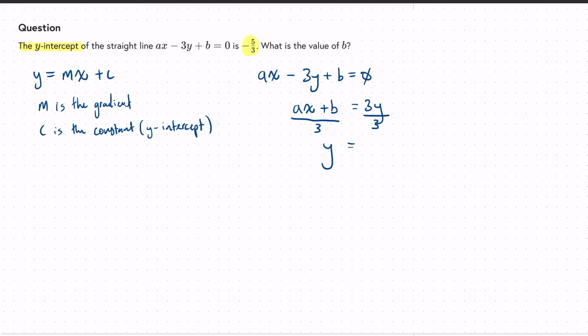Now, another way I can do this, because I'm adding along the top, is I can split it up. So a over 3x plus b over 3. And if it's the case that c is equal to minus 5/3, and currently it's equal to b over 3, well, it must be the case that these values are the same, because the denominators are the same. So b is equal to minus 5.